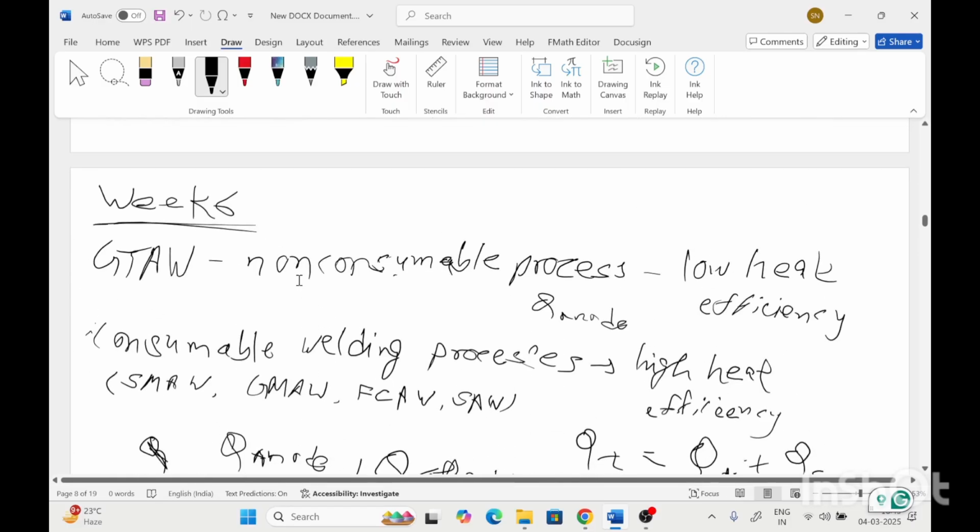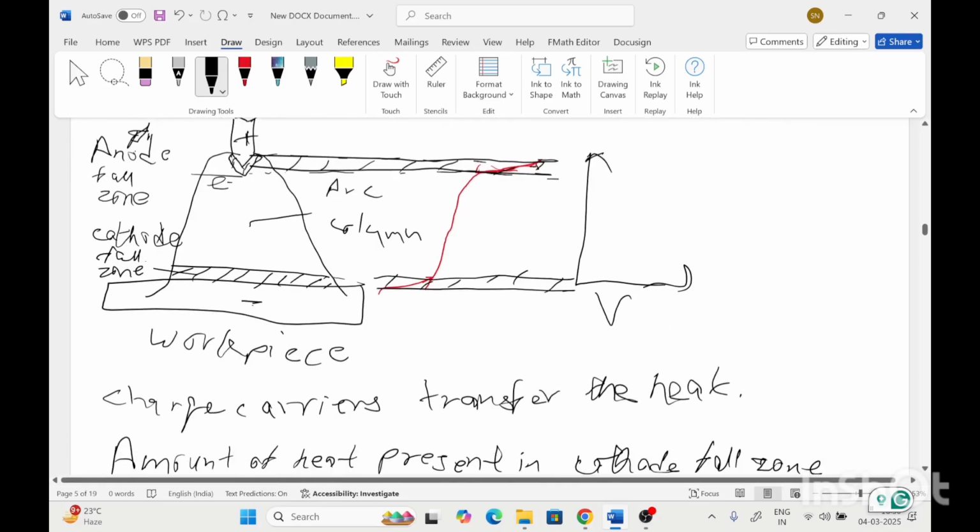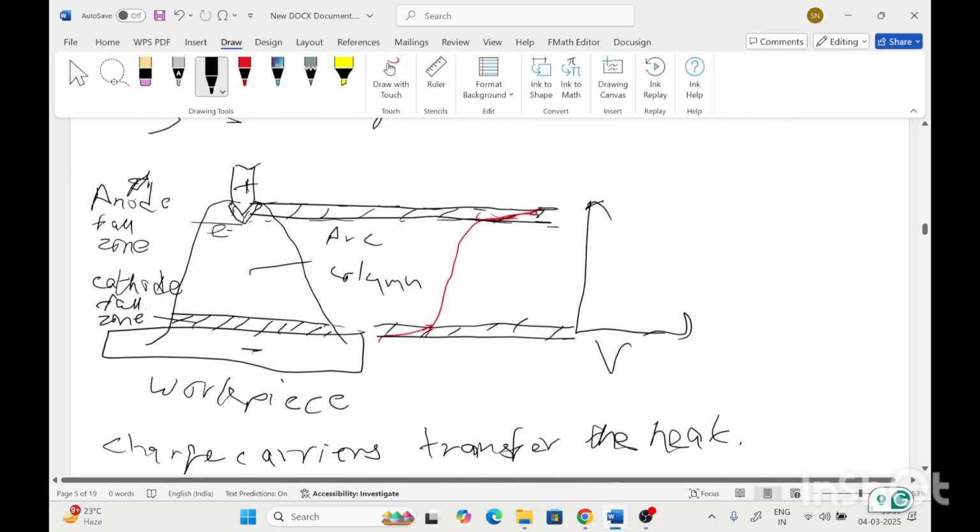Gas tungsten arc welding is a non-consumable process, so it has lower heat efficiency. If we say Q is the heat, there are three heat regions.